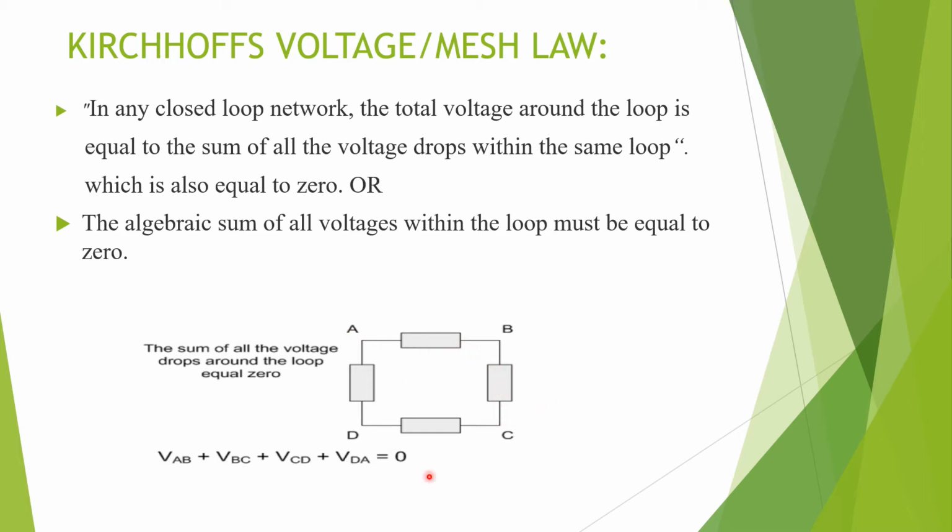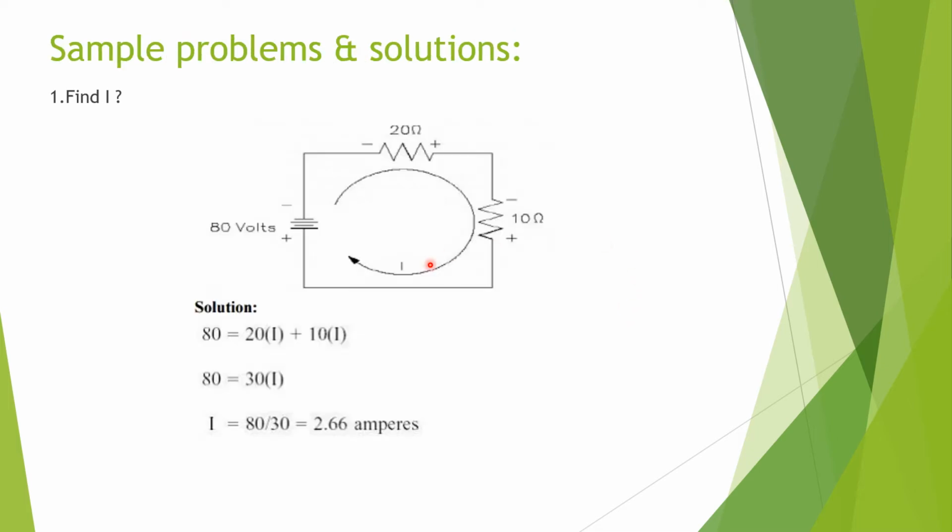That means the sum of all the voltage drops around the loop will be equal to 0. This is the statement regarding Kirchhoff's voltage law. So now, based on this, we can solve some numerical problems related to it.